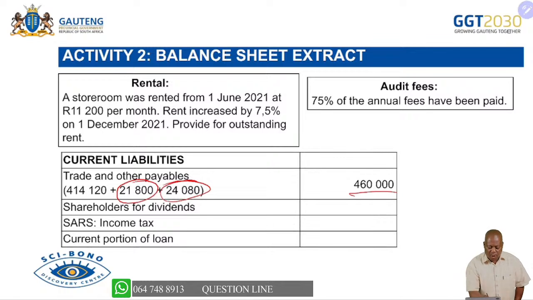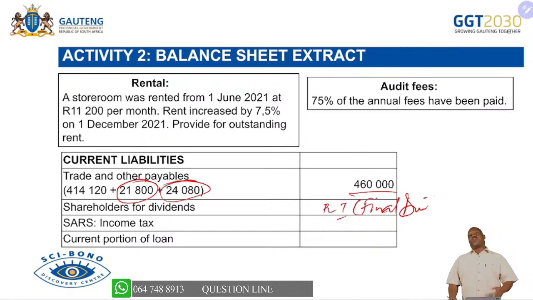The figure for shareholders for dividends, remember, this is coming from the retained income, which is your final dividend. And then SARS income tax. This is the amount that we are owing on tax. You still remember when you dealt with the tax, they even told us how much we are owing on tax. And then that is the one that is going here. It's given.